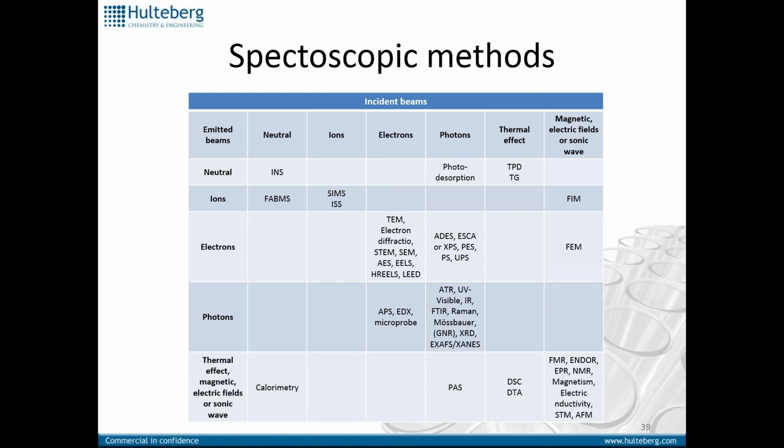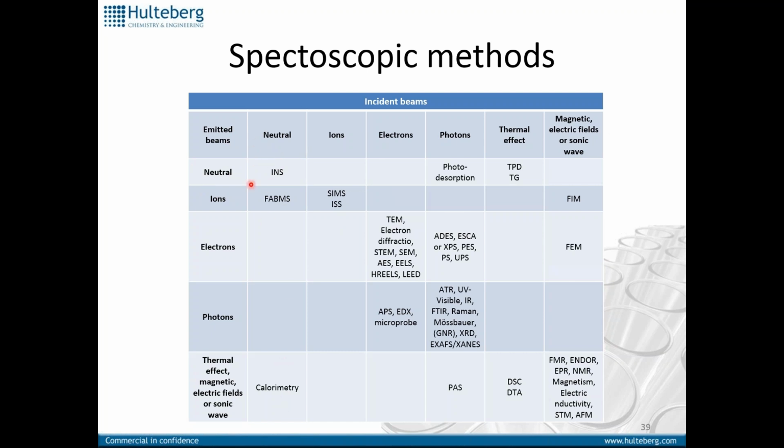This table tells us what different beams can be used. It's neutrons, ions, electrons, photons, thermal, magnetic, and sonic effects. And then also what is being shot in, and what is coming back out of the sample.